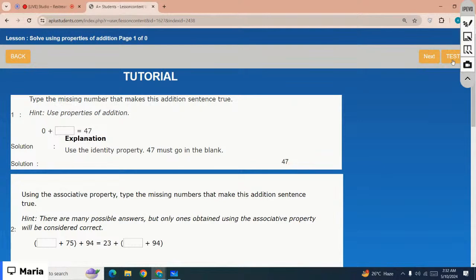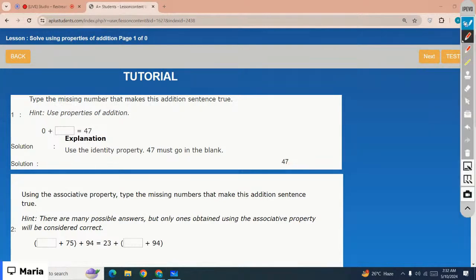Just use the identity property of addition. We know that whatever number you add to 0, the answer is exactly the same number. That means 0 plus 47 equals 47. The correct option is 47.